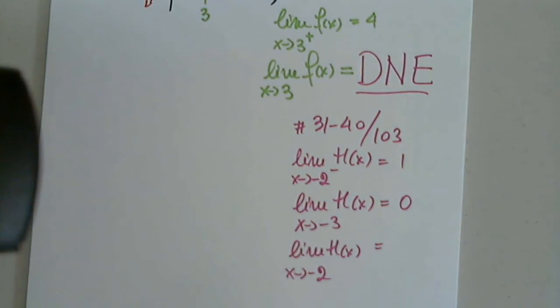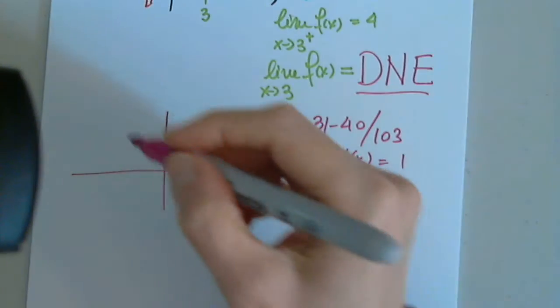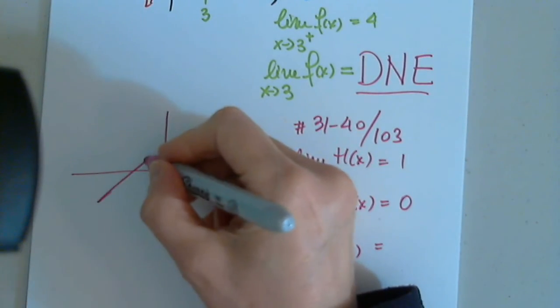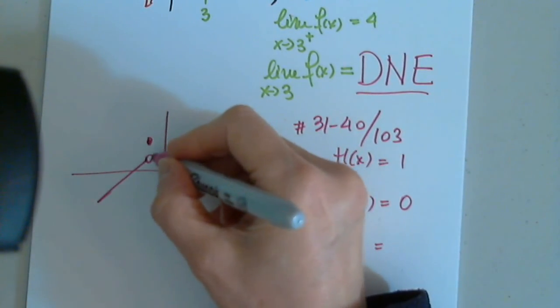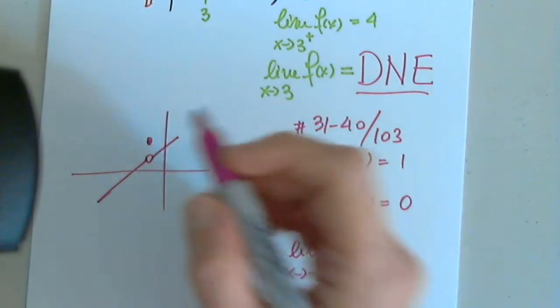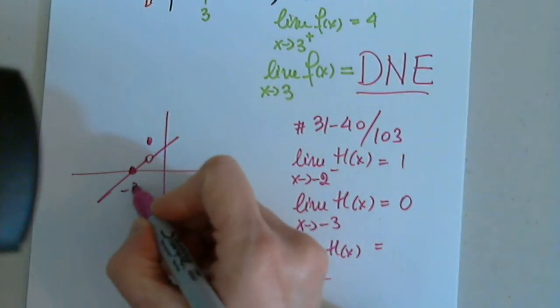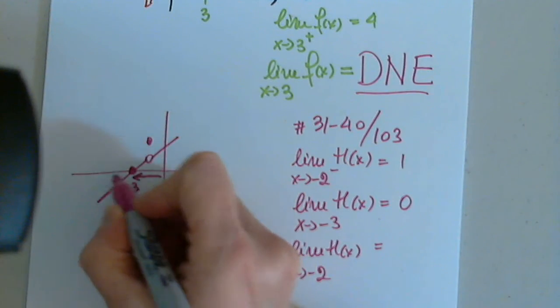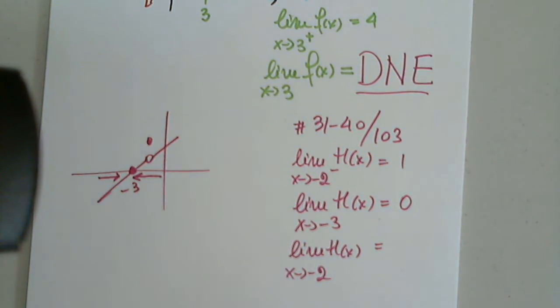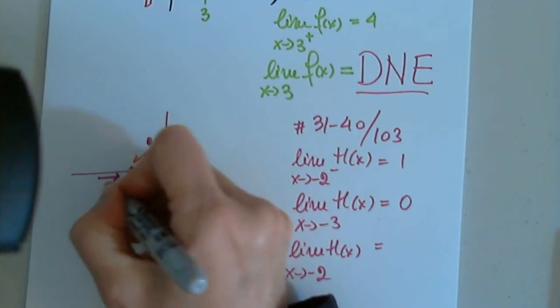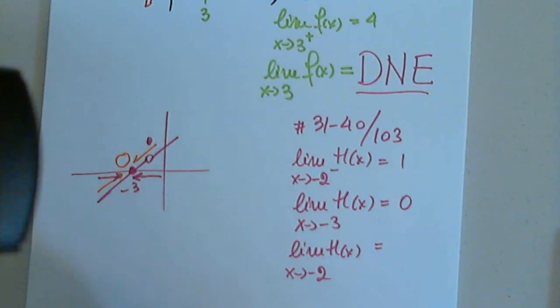So in that function, the function was something like this, and then something else. This is negative 3. x approaches negative 3 from either side, and I'm asked to find where the function is going, and the function is going to 0.